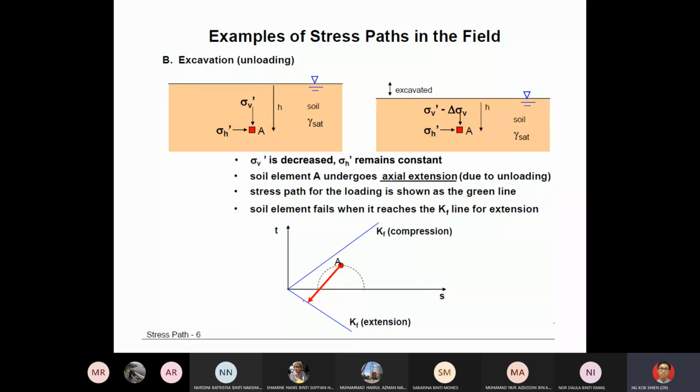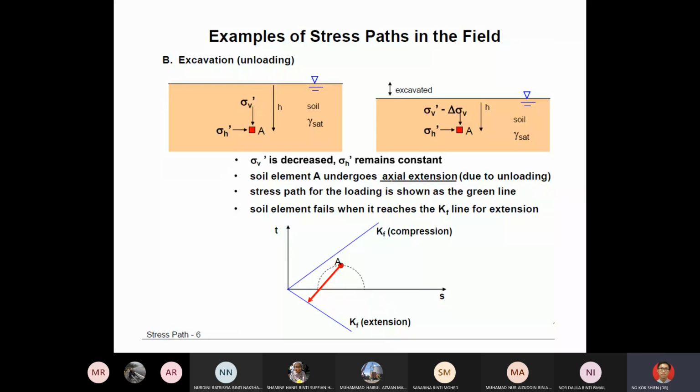It goes to this. Okay, but normally we don't say that the soil has failed in what we call the excavation process. Atas correct, unloading berlaku. Okay, tapi bila unloading berlaku, walaupun dia nampak macam dia pergi ke arah ini, sebenarnya tanah itu tak kira fail sebenarnya.